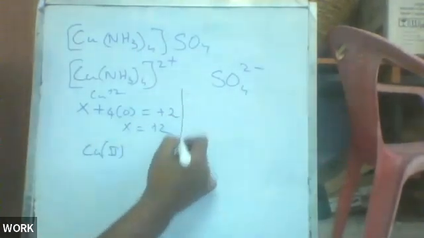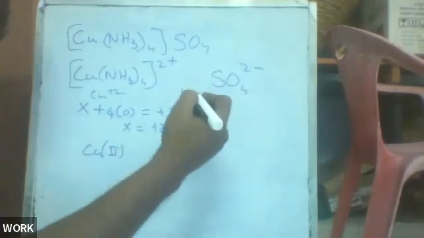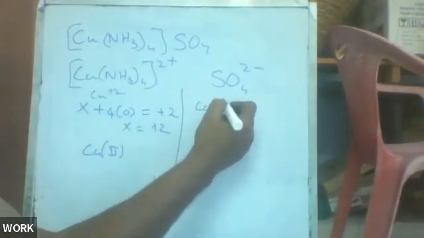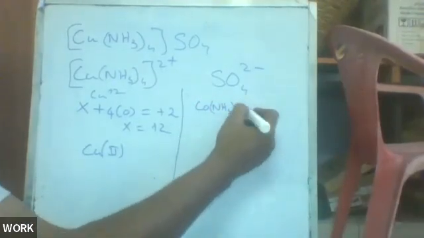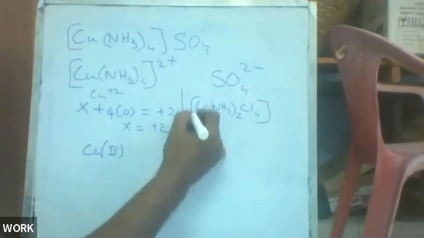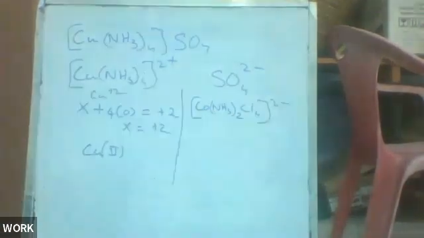Now you calculate. I will write one more: [Co(NH3)2Cl4], the whole thing to the power 2 minus. You tell me what is the oxidation state of cobalt? Sir, is it 2?